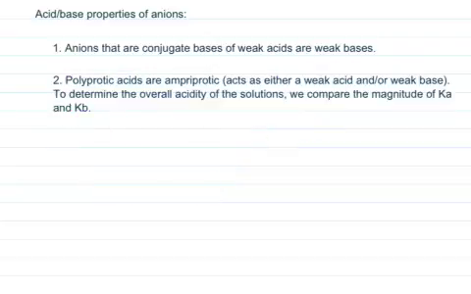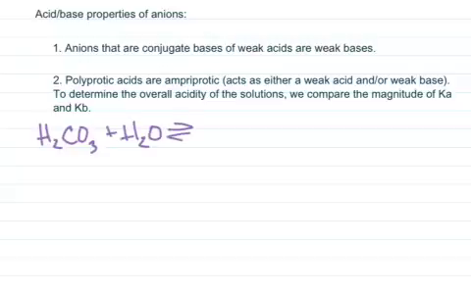Alright, so polyprotic acids are amphiprotic. That means they act as either a weak acid or a weak base. So to determine the overall acidity of the solutions, we normally compare the magnitude of the Ka and the Kb. So let's actually see what a polyprotic acid is. Let's do carbonic acid. So we have H2CO3 plus water becomes HCO3 negative plus H3O plus.